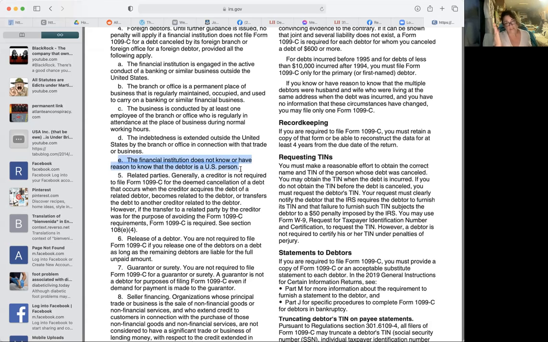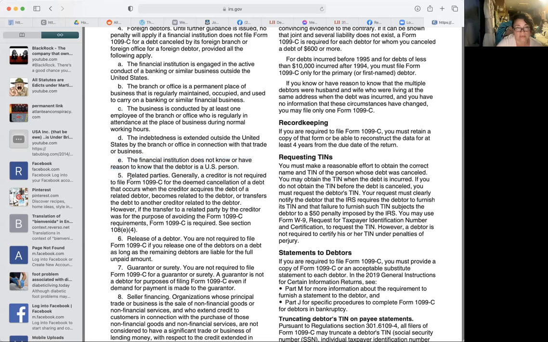The financial institution does not know or have reason to know that the debtor is a U.S. person. I don't know who they're talking about. I really hate doublespeak. I really hate duality because this is ridiculous, because this is twisted.